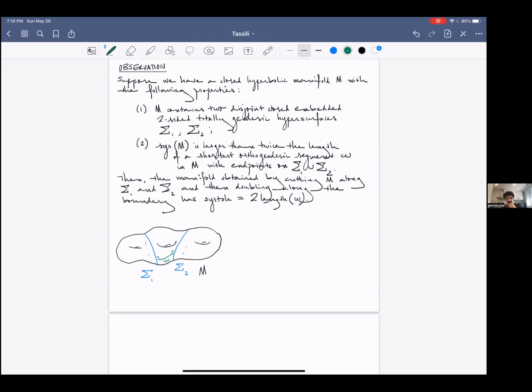And we assume that the systole of M is big. Let's just say that it's huge relative to the length of omega. Now we cut.